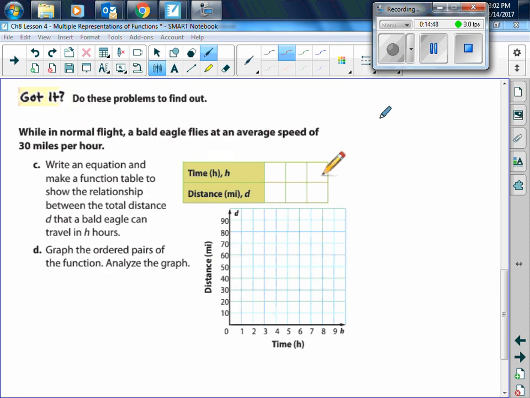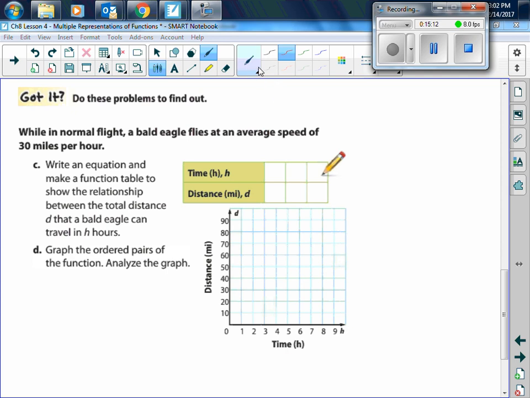So, for the last one, here it says, while in normal flight, a bald eagle flies an average speed of 30 miles per hour. We want to write an equation and make a function table to show the relationship between the total distance d that a bald eagle can travel in 8 hours. Once we do that, then we want to graph our ordered pairs.